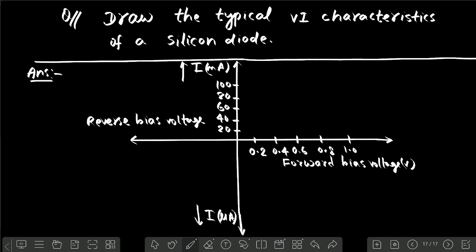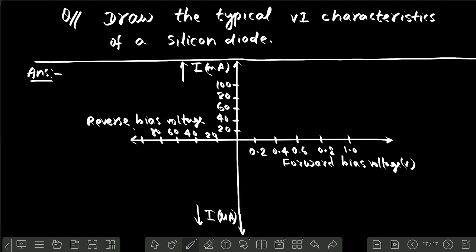Now in reverse bias voltage you take higher voltage: 20 volt, 40 volt, 60 volt, 80 volt, like this up to 100 volt.